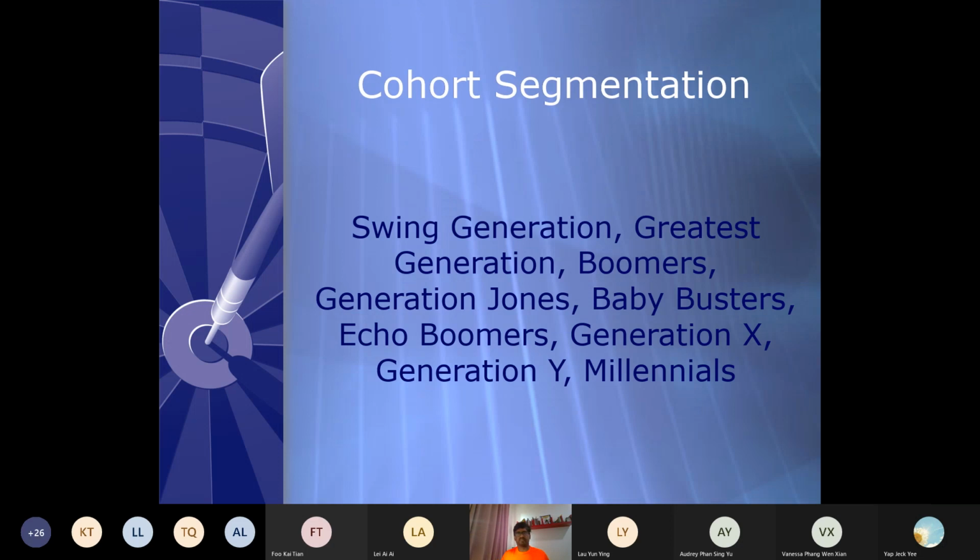Cohort analysis is usually used to identify the target segments of the market. Basically, this is one part of the target marketing efforts of many businesses, where they make a cohort segmentation based on different characteristics as you see there.